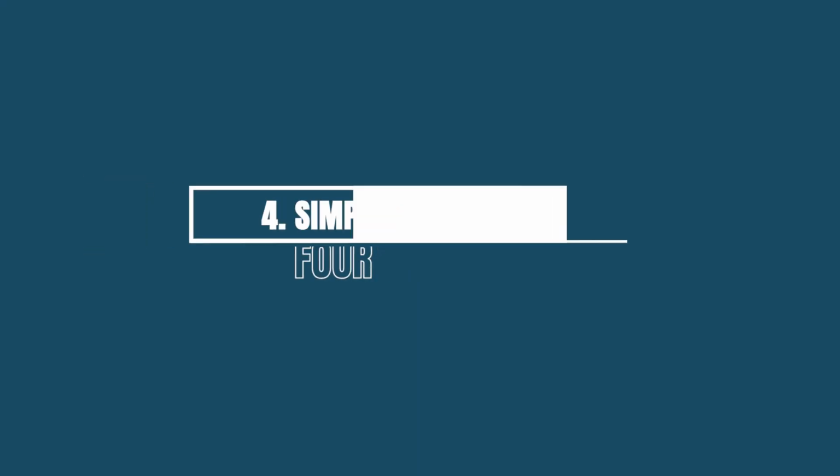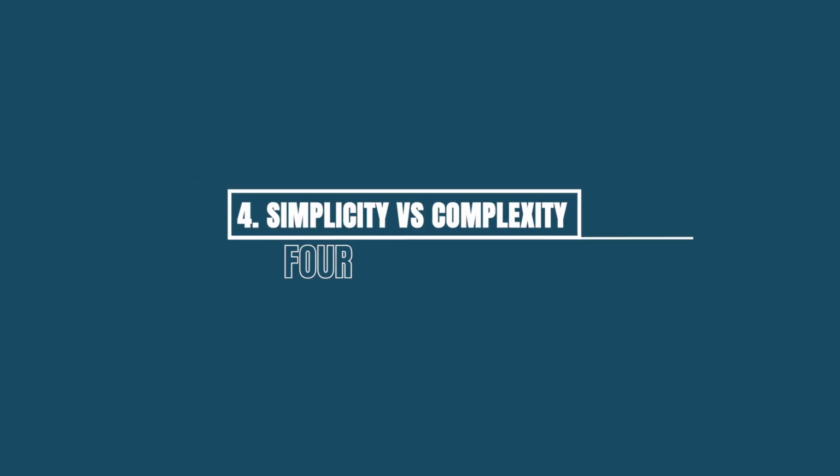So point number 4 is simplicity versus complexity. I always choose simplicity. That's my personal opinion, and that's how I have managed to write most of my songs. It's just something that happened with time.